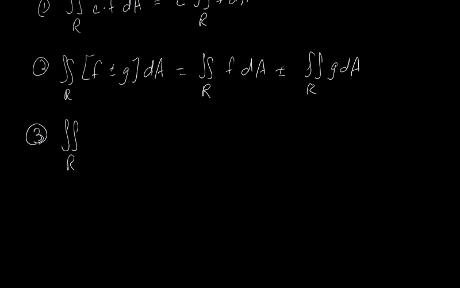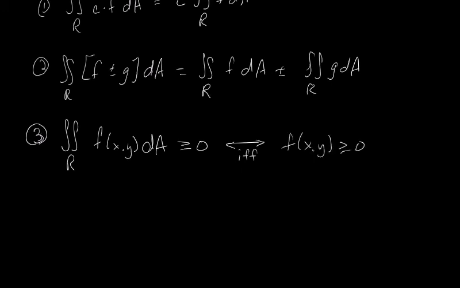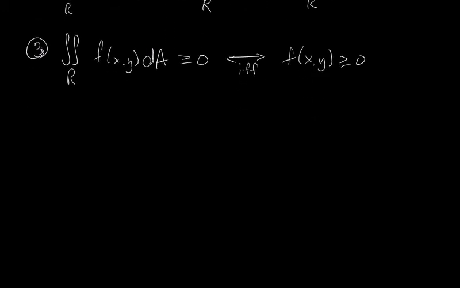So here we go. If we have the integral over R of f of x, y, dA, that's going to be greater than or equal to 0 if and only if, IFF for if and only if, the double arrow, f of x, y is greater than 0. We have the same situation with functions being above and below each other.